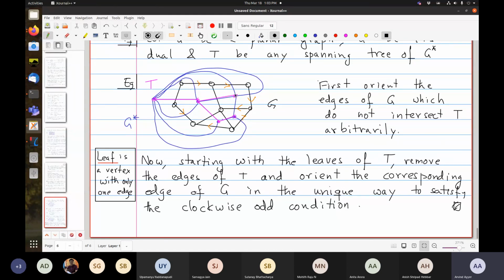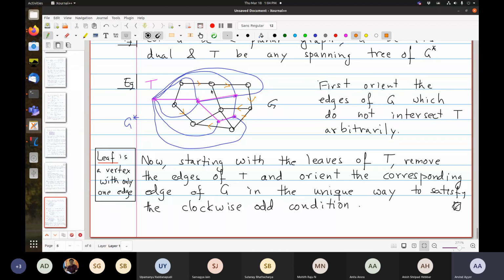When you remove it, you have to orient this edge. But there's only one way to orient it so that you satisfy this clockwise odd property for this face. As I go clockwise, this is 1, 2, 3. This already has 3.